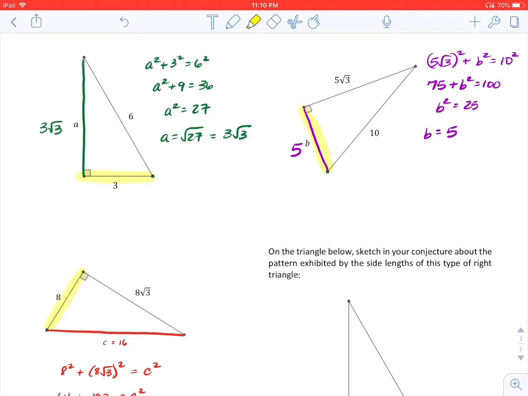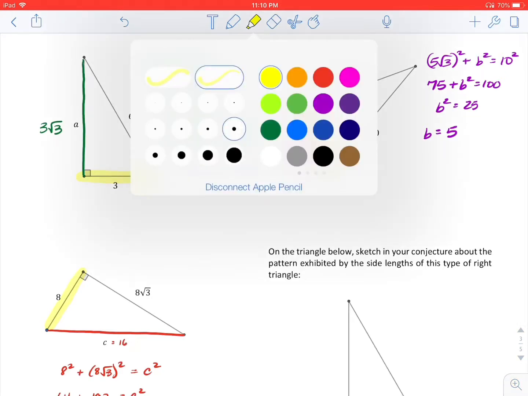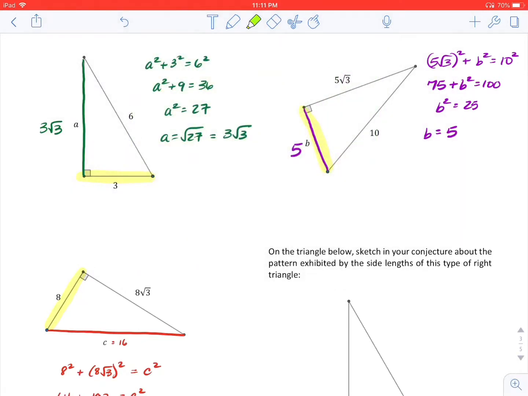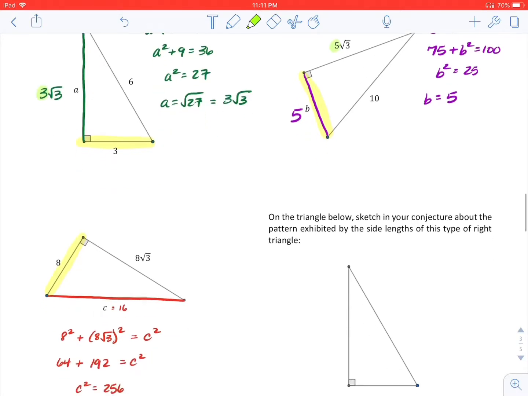In that first example, if the short leg was 3, then the long leg was 3 times the square root of 3. In the second example, since the short leg was 5, the long leg was 5 times the square root of 3. In the third example, since the short leg was 8, the long leg was 8 times the square root of 3.